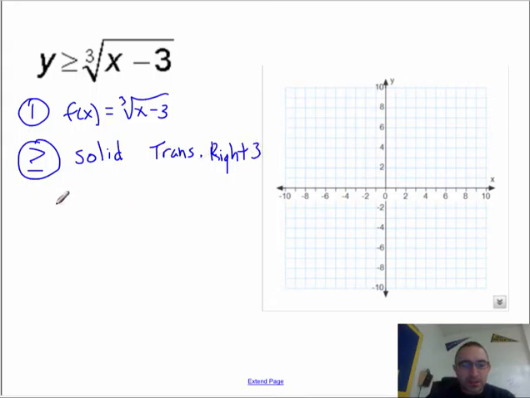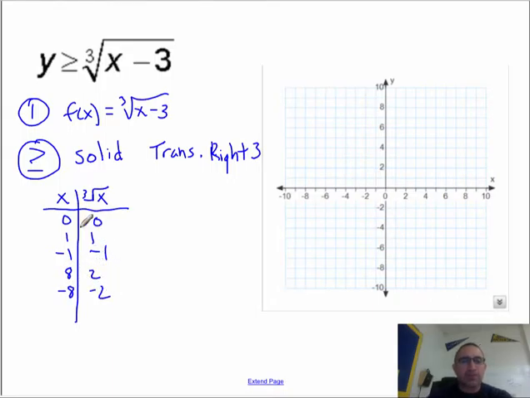So I'm going to take the original cube root function right there, 0, 0, 1, 1, -1, -1, 8, 2, -8, -2, and I'm going to take every x value, because it's going to the right, and I'm going to add 3. 3, 4, 2, 11, -5.